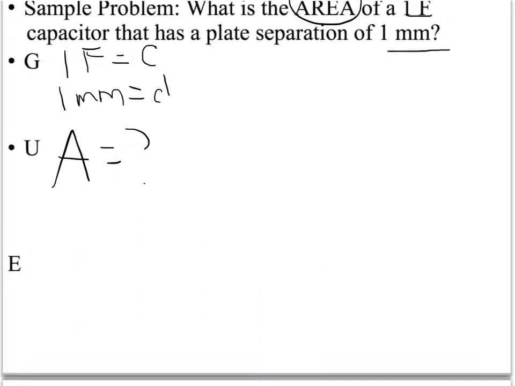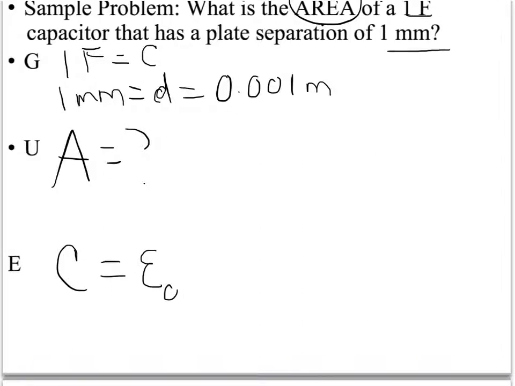Don't forget to convert. So that would be equal to 0.001 meters. Our equation for capacitance we know to be capacitance equals the permittivity constant times the area divided by the distance.